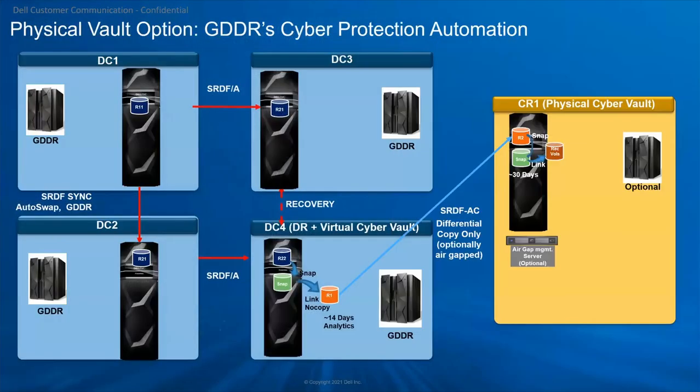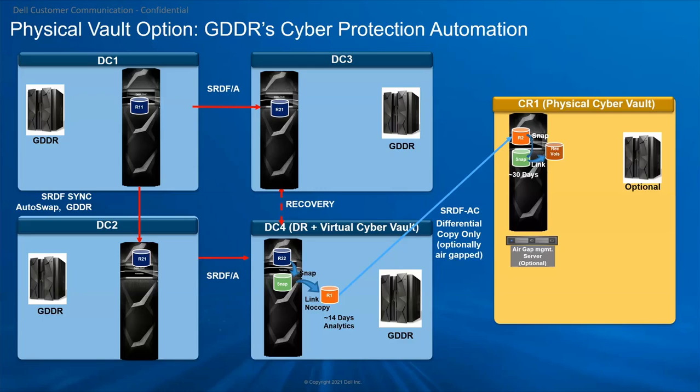In addition to the capabilities that ZDP provides itself, we also have an interface between our GDDR solution and ZDP called cyber protection automation. This example is showing a very robust 4-site solution that's managed by GDDR, with 2 sites in each region, with SRDF asynchronous replication between the regions.